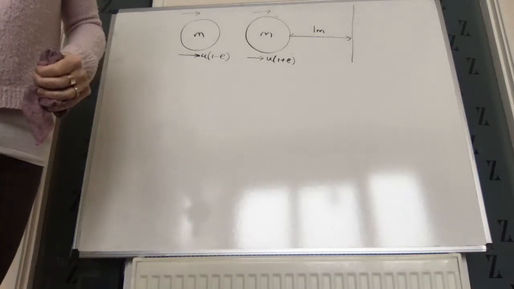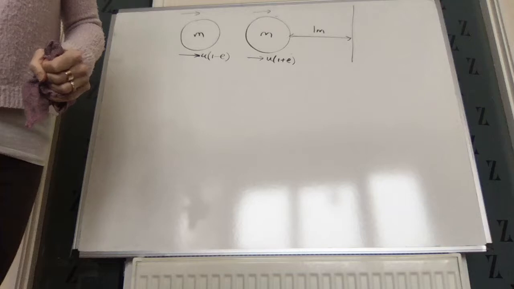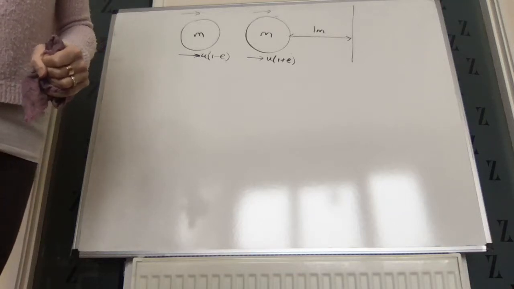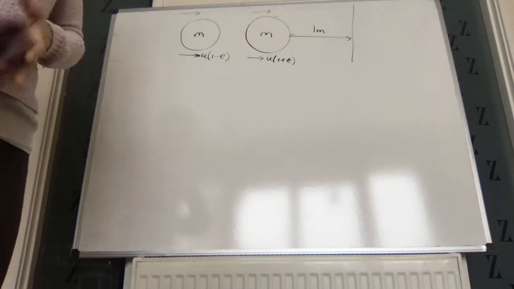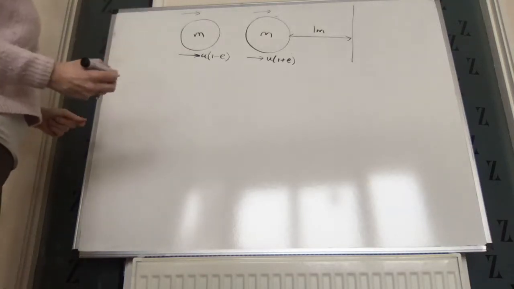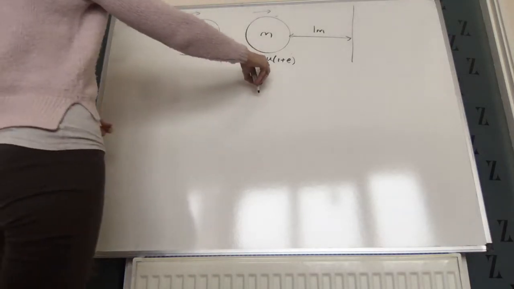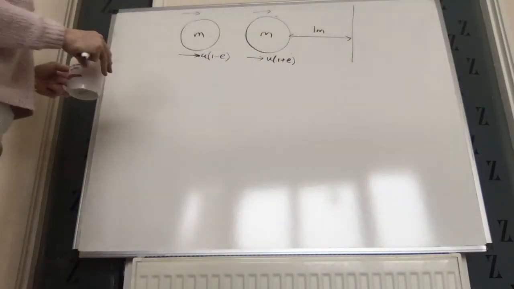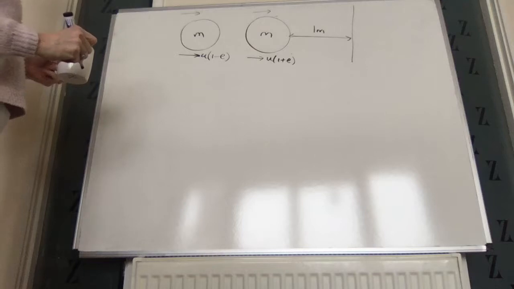When the second sphere hits the wall, the spheres are a distance 2e over 1 plus e apart. So we now know that the second sphere is going to move at a speed of u times 1 plus e, and it's going to hit the wall in 1 meter.